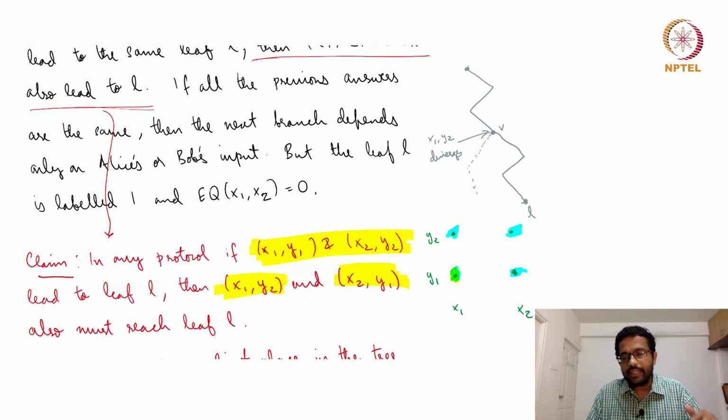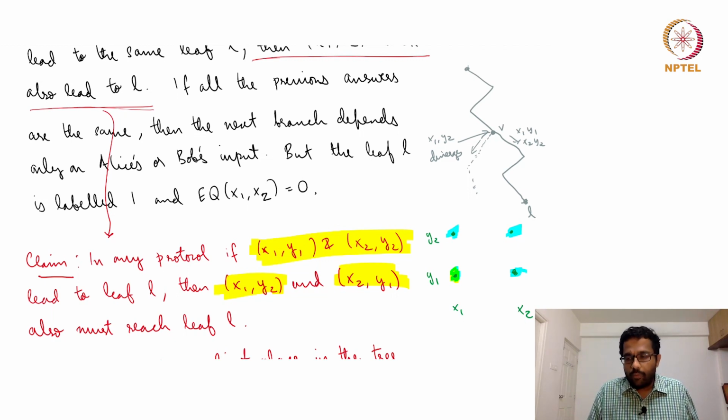Suppose Alice spoke, meaning Alice gave a different answer for x1 y2 from x1 y1 or x2 y2. So x1 y1 and x2 y2 go to the right, and x1 y2 goes to the left. So suppose Alice was speaking here at the vertex V.